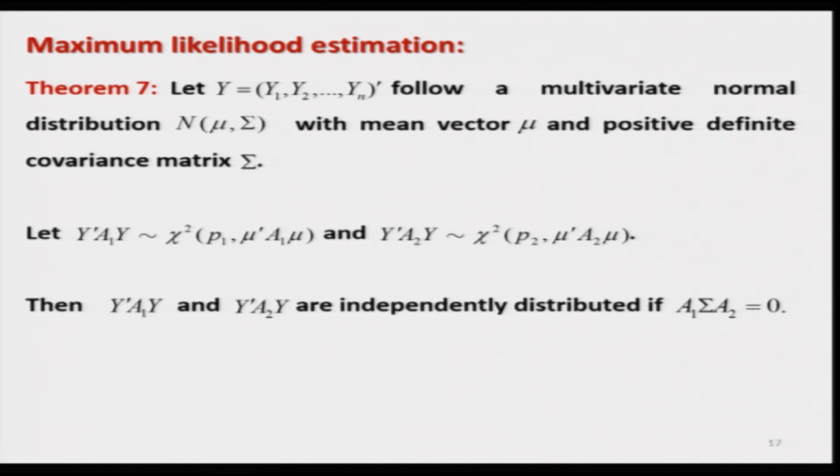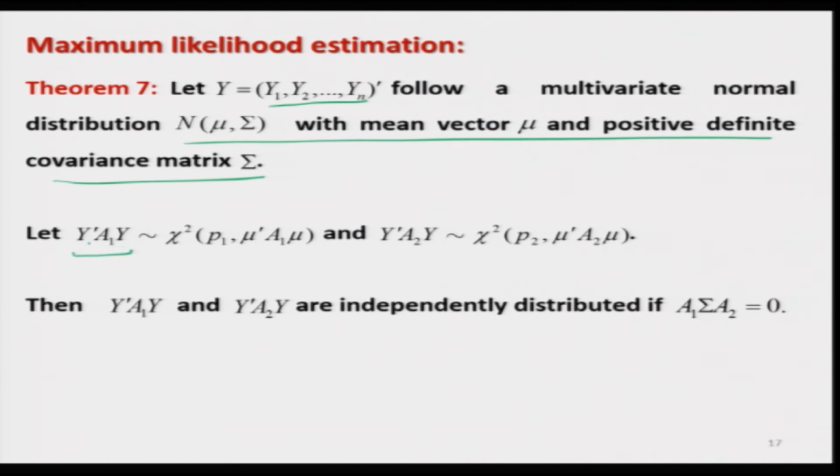Now, theorem 7 is a result about the independence of two quadratic forms which have chi-square distributions. So, let y be a vector of random variables y 1, y 2, y n, and this follows a multivariate normal distribution with mean vector mu and positive definite covariance matrix sigma. And suppose based on this y we have two quadratic forms with the matrices A 1 and A 2.